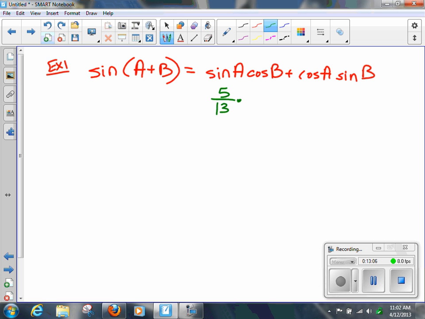What's cosine value of angle B? Negative 4 over 5. Plus cosine of A. Times, what's the sine of B? Negative 3/5.